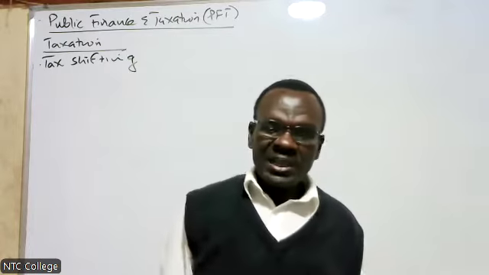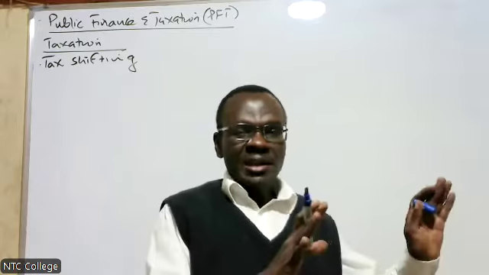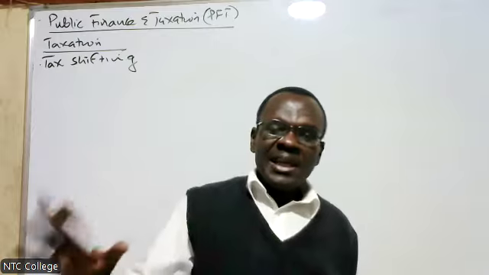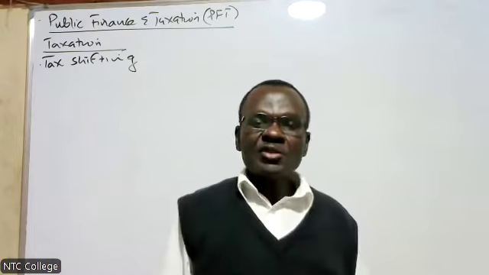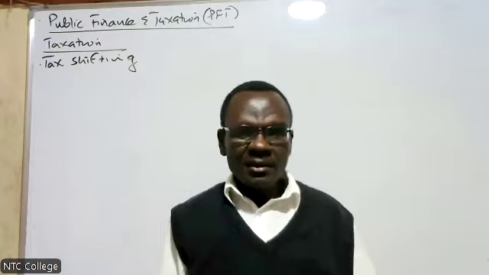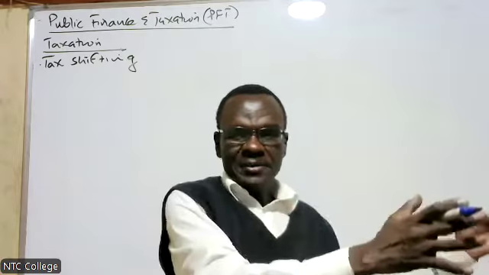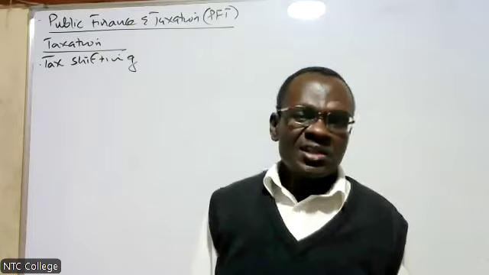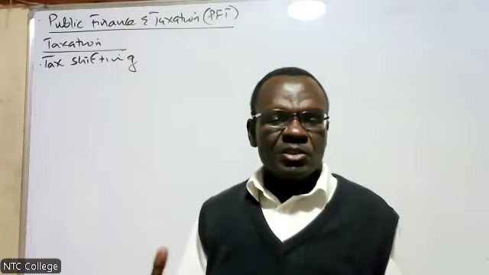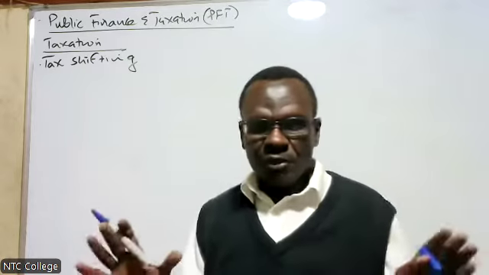Remember, our definition of an indirect tax is where the impact and the incidence, the burden of tax are on two different people. So the concept is called tax shifting. So a tax is imposed on person A, but it is transferred to person B. Tax shifting takes place through revision of price.